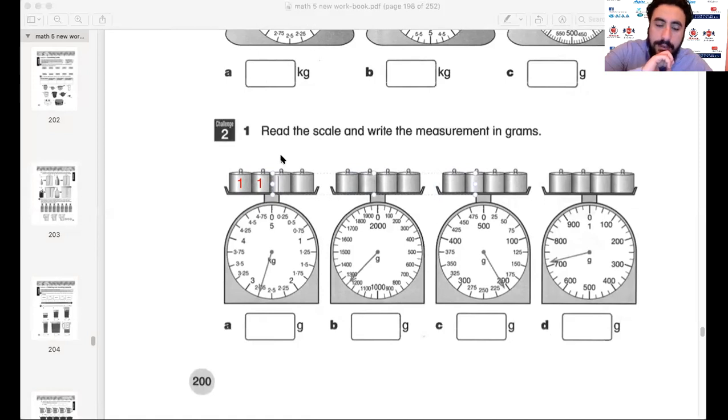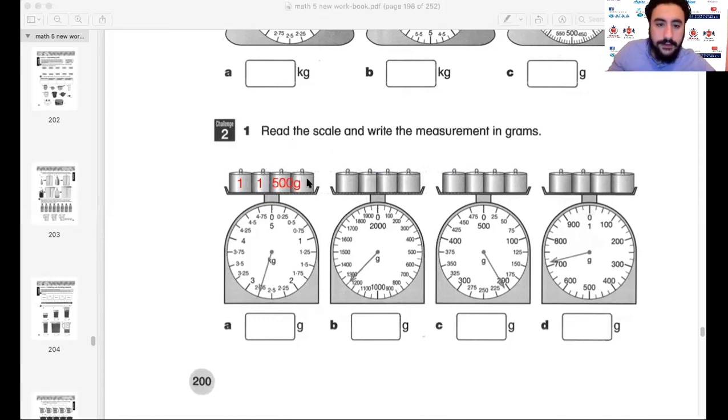Okay, so maybe we can write 50. So we can write this is 50 gram. We should write gram. Or sorry, it's going to be 500 gram.